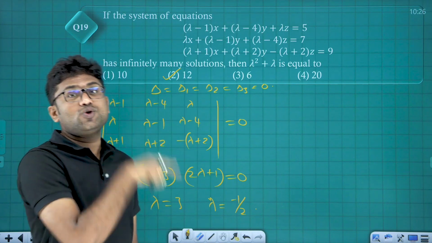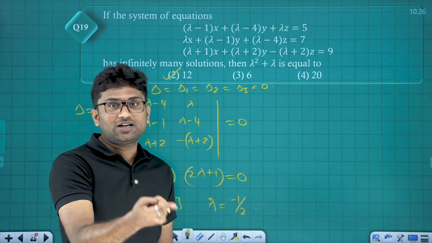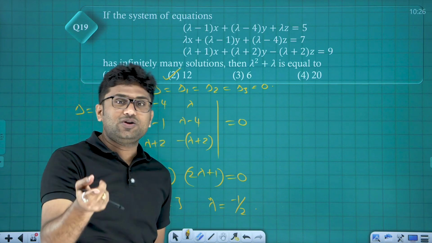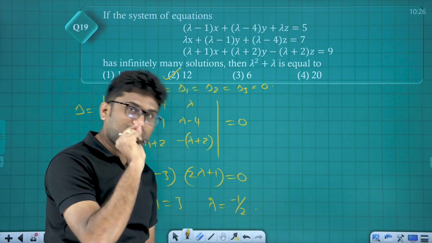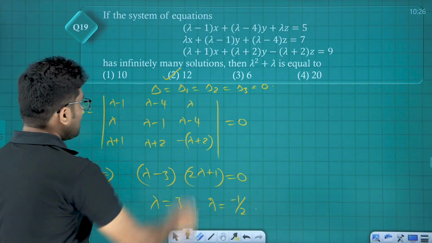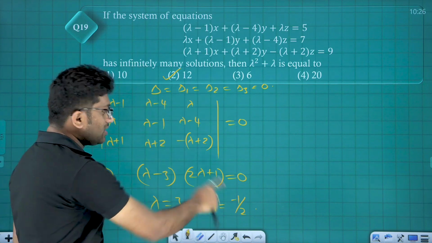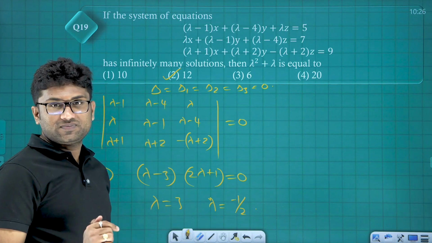And if it is numerical type, don't go with this shortcut. You have to take another determinant, either delta 1 or delta 2 or delta 3, and from there finalize the value of lambda. Since I have 4 options with no option matching 3 by 4, that's the reason I have taken lambda directly as 3.